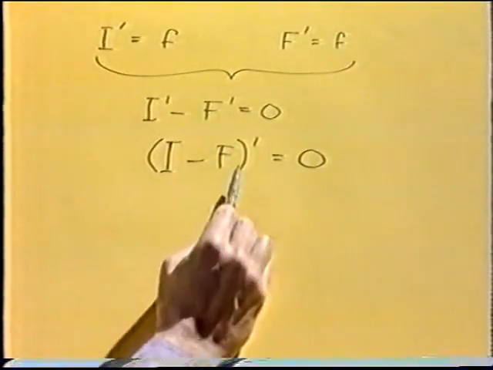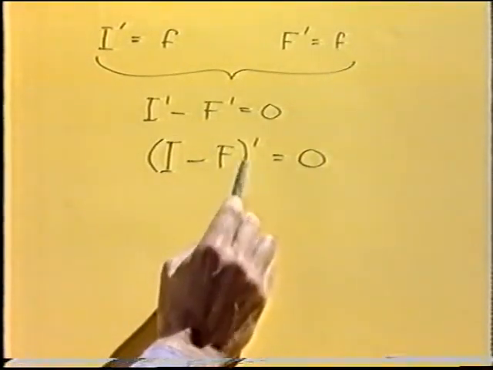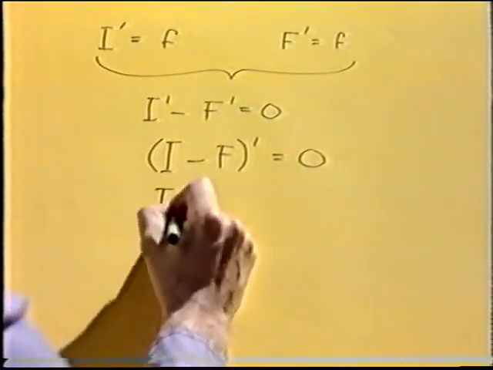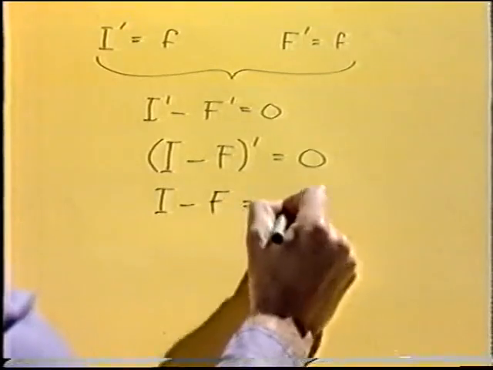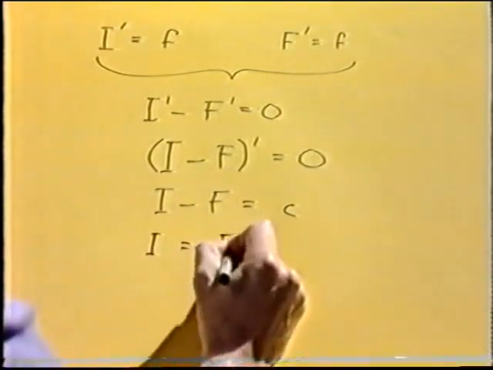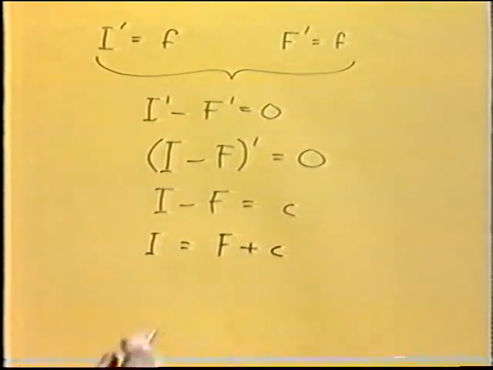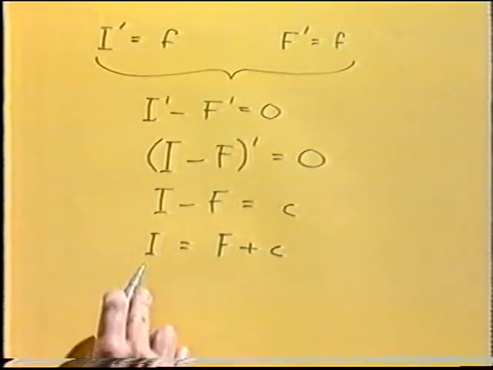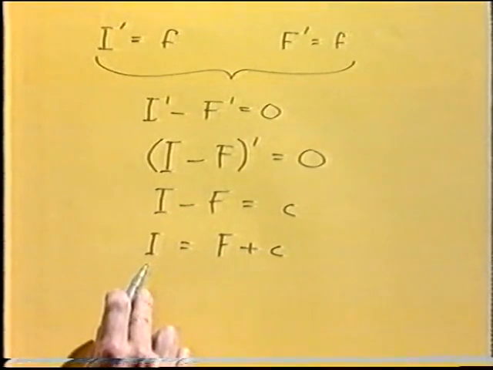Now what functions have 0 derivatives? The only possibility is a constant function. So I minus F is a constant. In other words, I equals F plus a constant. But what we're really interested in is whether this function, big F, can be used instead of I to work out integrals.